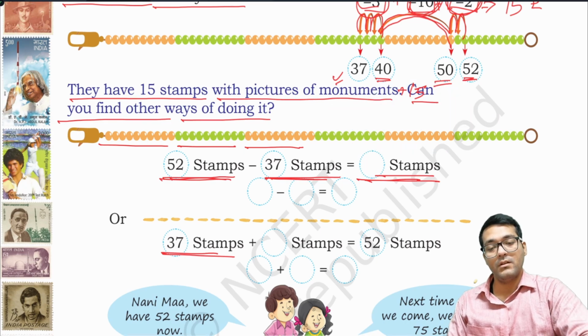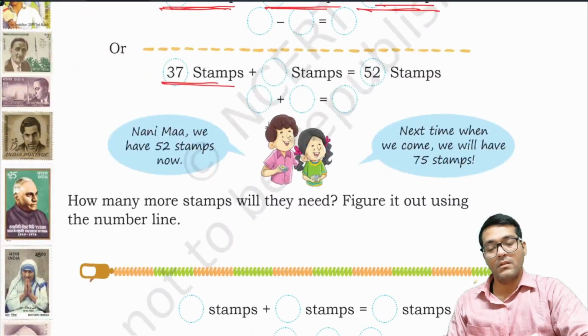For example, this is 37, then you have to move 10 here and then 3 and 2, plus 10, plus 3, and plus 2 to get 52. That means 37 stamps plus 15 stamps gives 52, or 37 plus 15 is equal to 52.